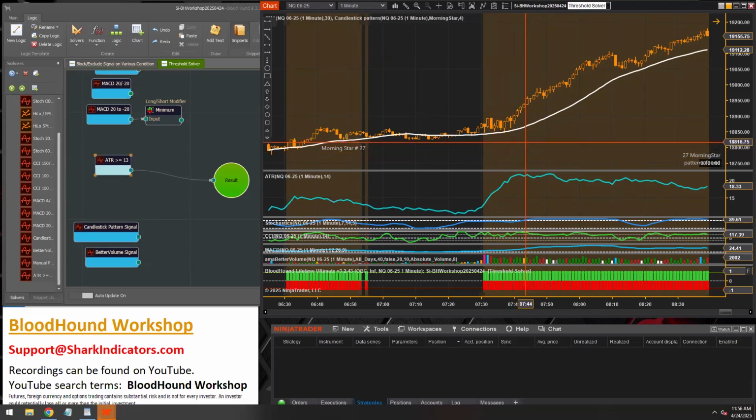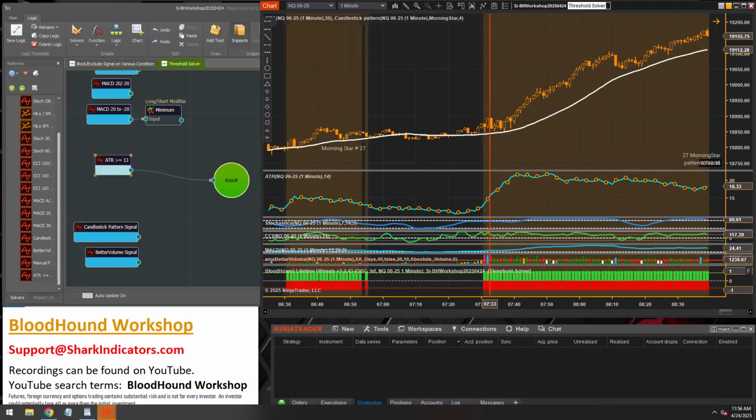The uniqueness here is that we set the rules window up to give us a long and a short output together for this non-directional indicator, the ATR.